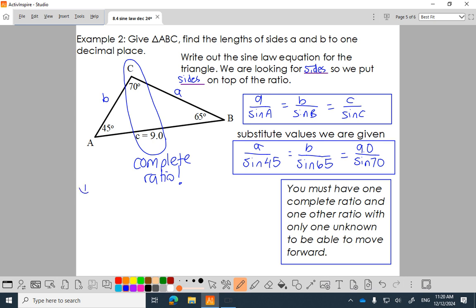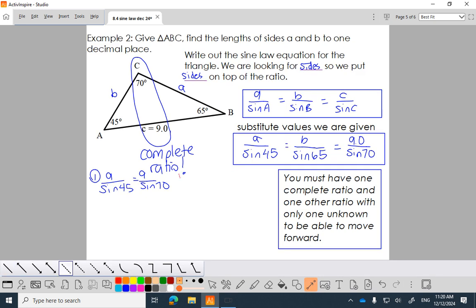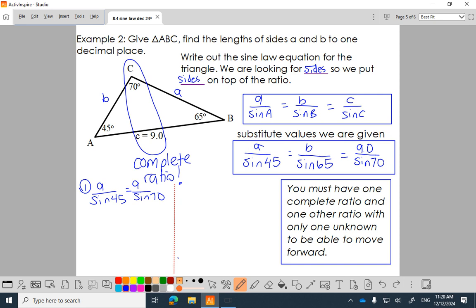So to solve for A, why is there two A? We have to do A and B. So I'm going to do, that's a 9, sorry.